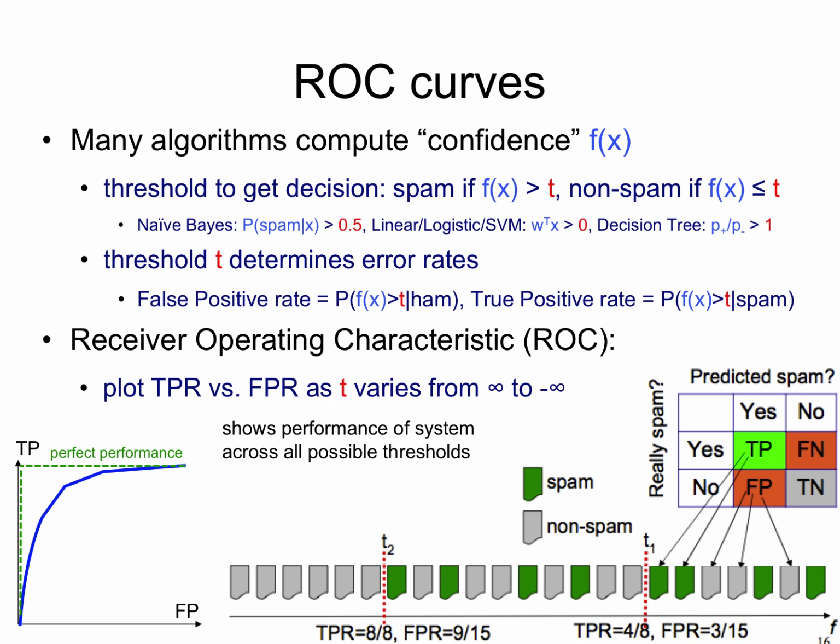If I move it a little bit to the right, I'm going to decrease my true positive rate without affecting the false positive. So as I move to the right, I'll be moving down this line. As I move to the left, I'll be moving to the right. So that is the curve that results from a perfect classifier, a classifier that can completely separate the data into positives and negatives.